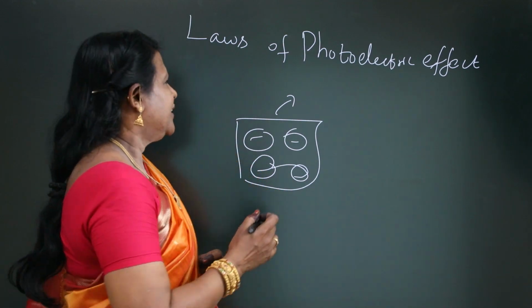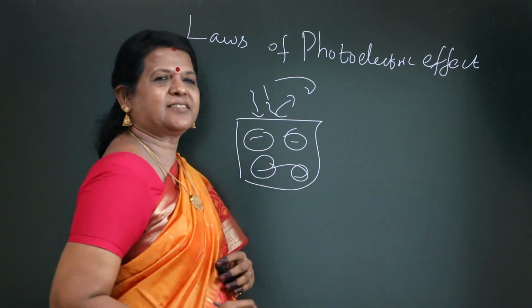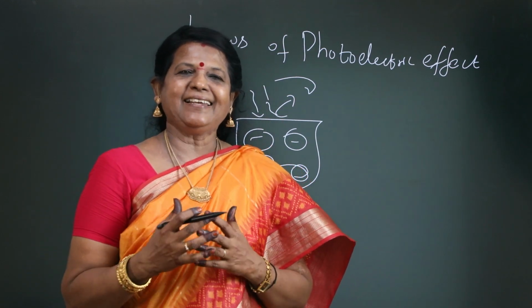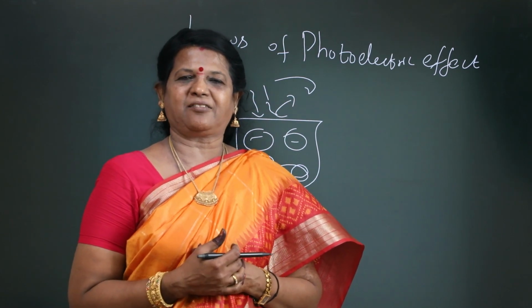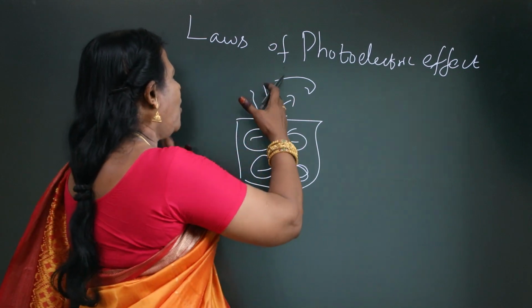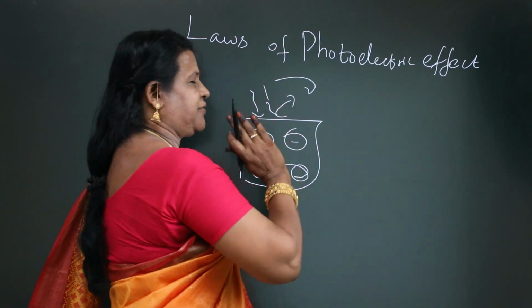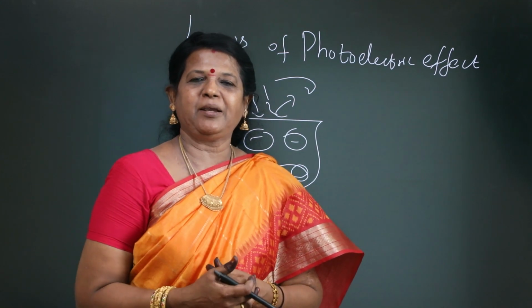A particular frequency of light is incident on the metal plate. Then the number of photoelectrons emitted is directly proportional to the intensity of the incident light. More intensity, more light falling on the surface of the metal plate, then more electrons are emitted.